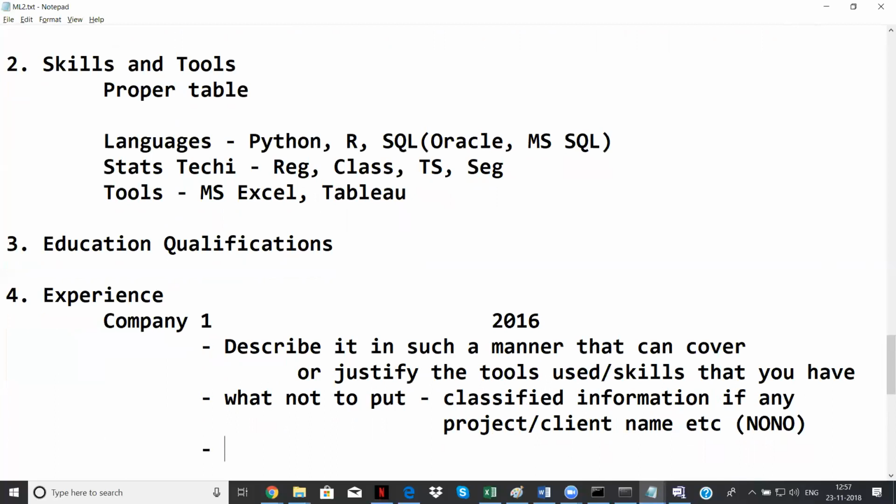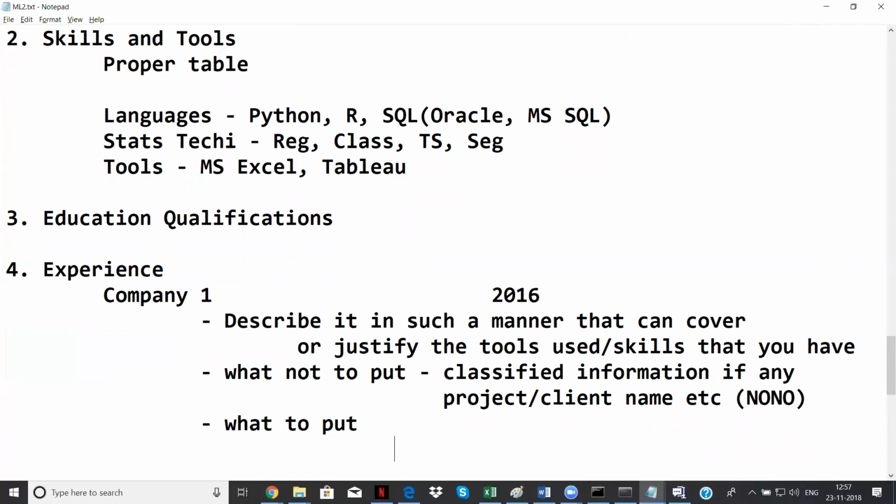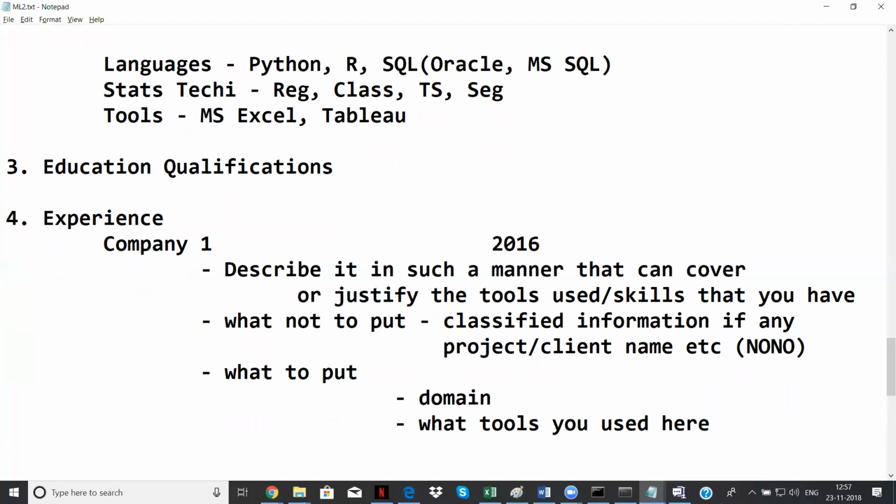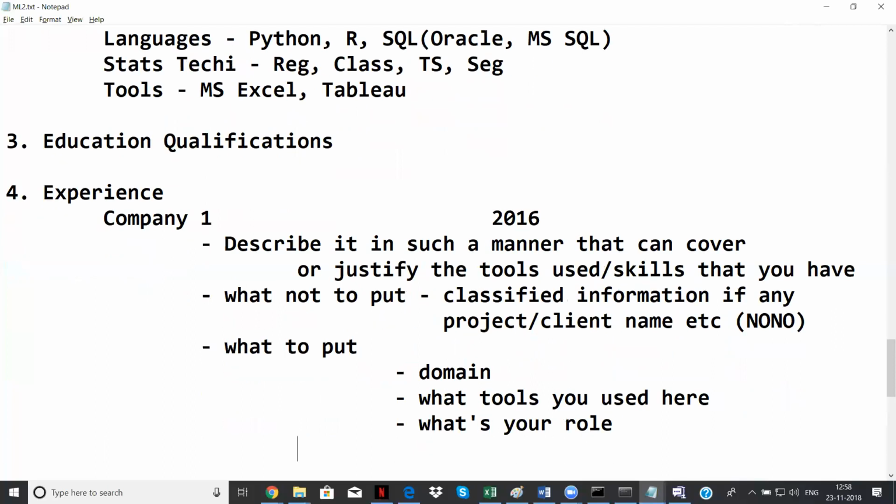So what to put: which domain the project belongs to. Next, what tools you used here. What's your effort in this? What's your role? What did you do and achieve? That's one of the points.